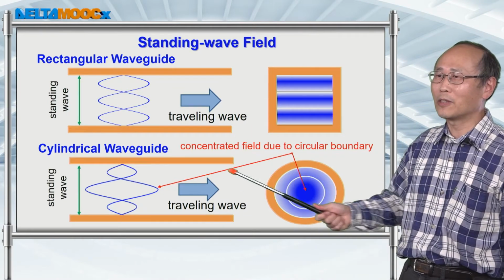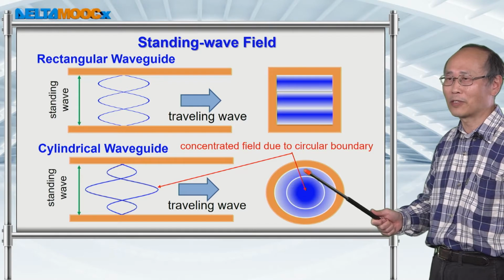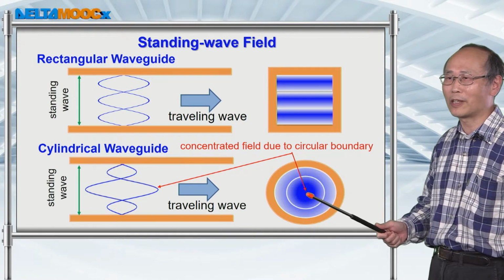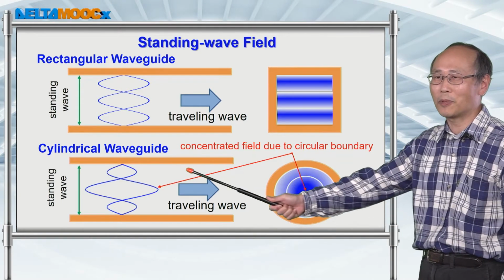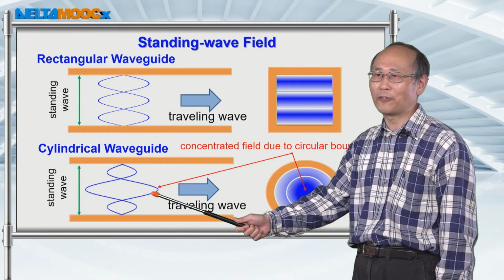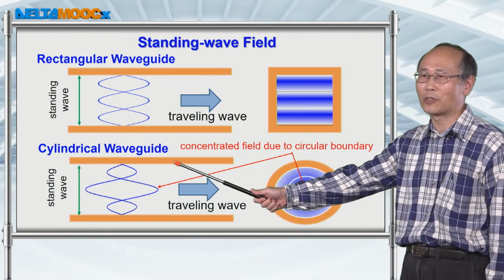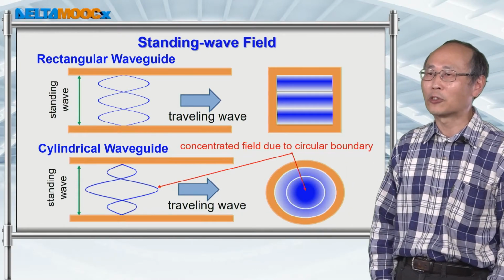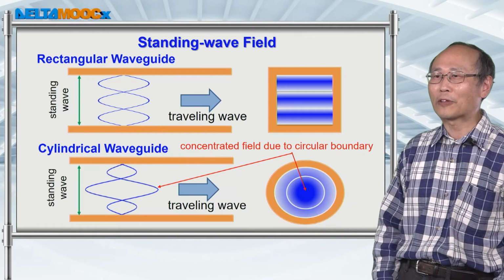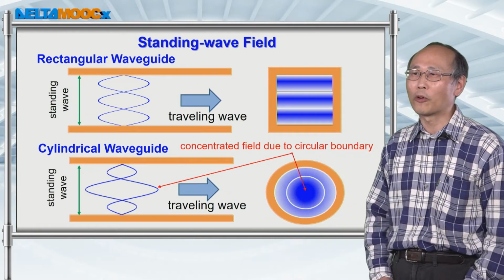But when you look into a cylindrical waveguide, the story will be different because the field will be concentrated on the axis. So this means that in this standing wave pattern, you will have higher field at the center compared with the field close to the circular boundary. So this is the first difference between a cylindrical waveguide and a rectangular waveguide.